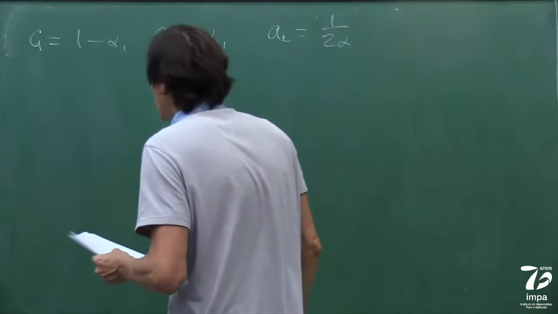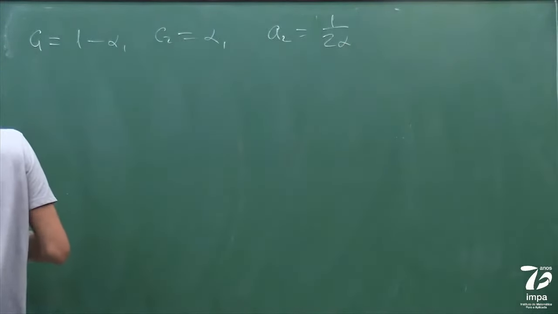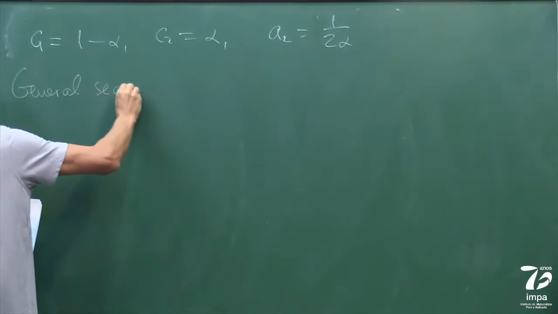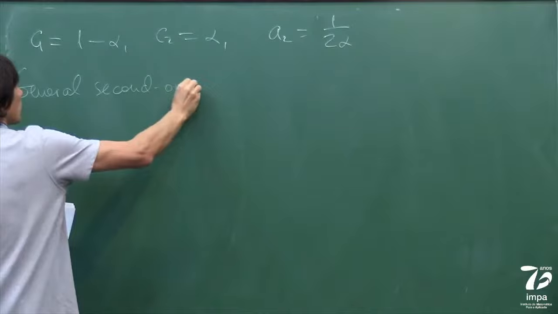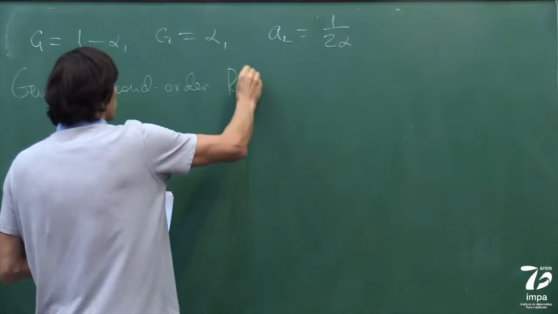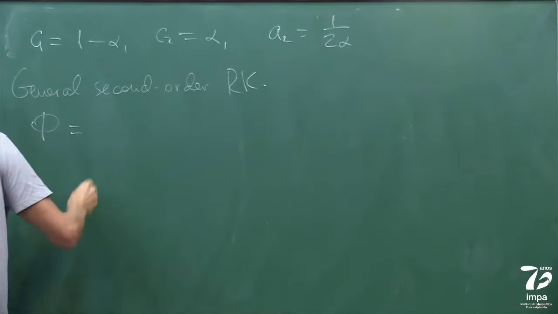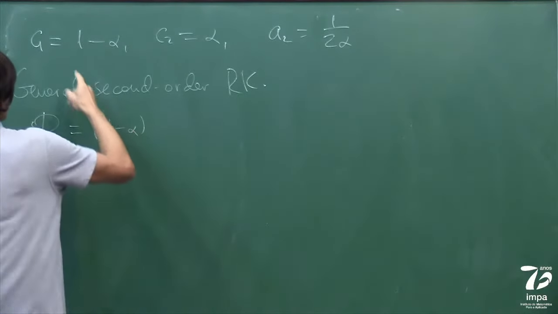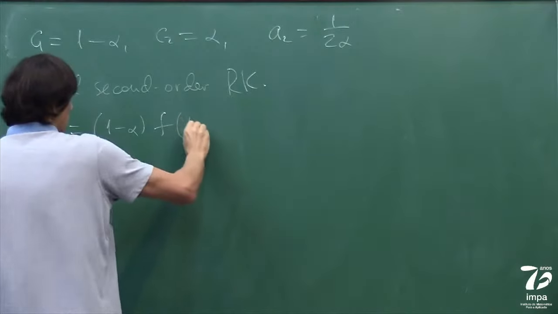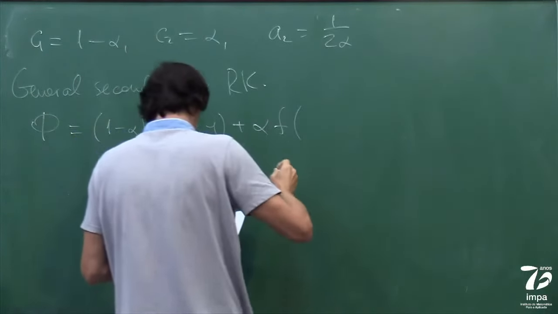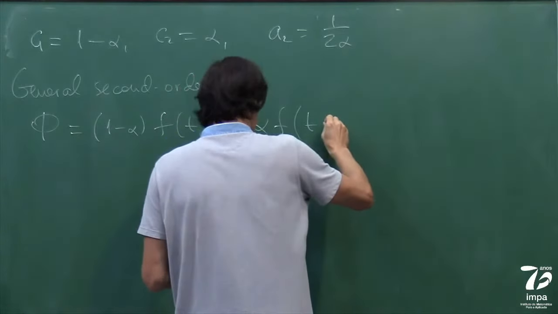So this is an arbitrary coefficient, and general second order Runge-Kutta takes the form of phi equal, first 1 minus alpha, this first coefficient by f, plus alpha, f, and here we have a composition.